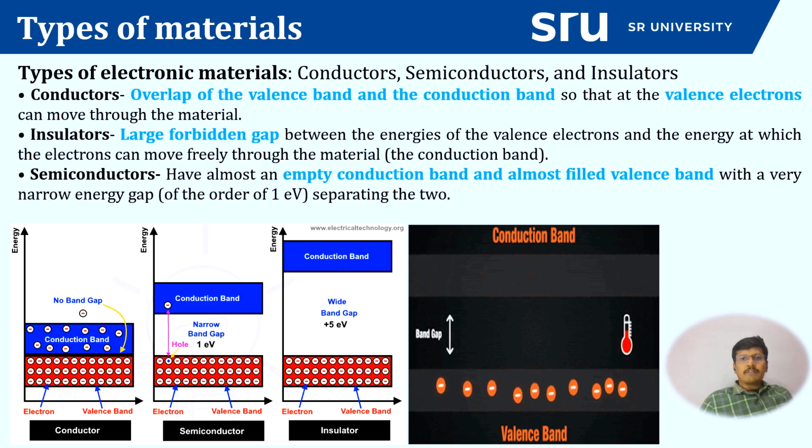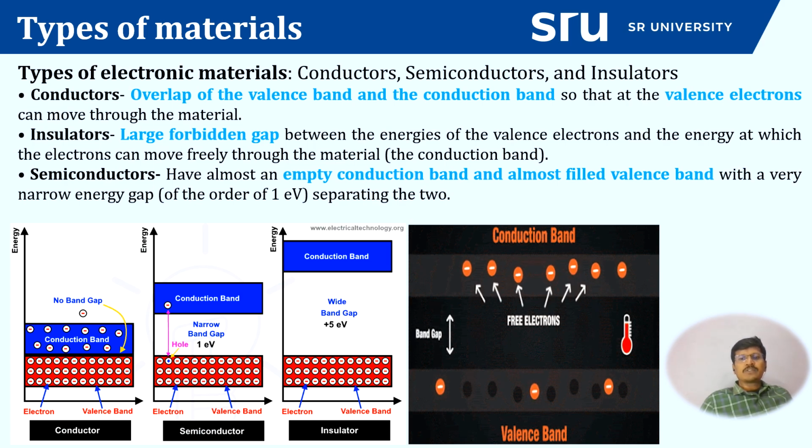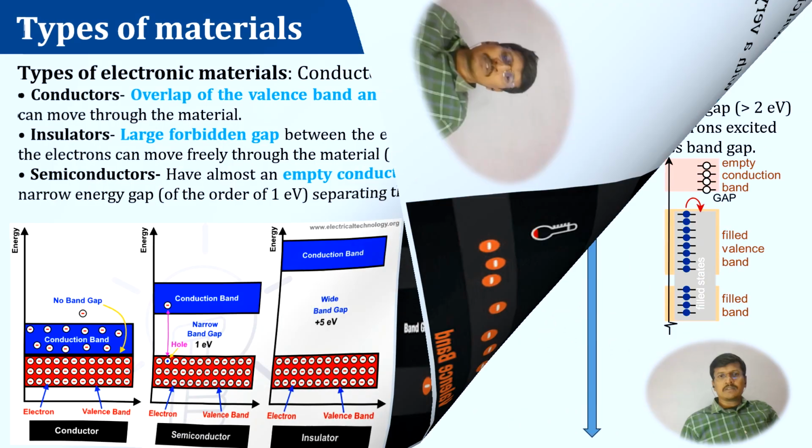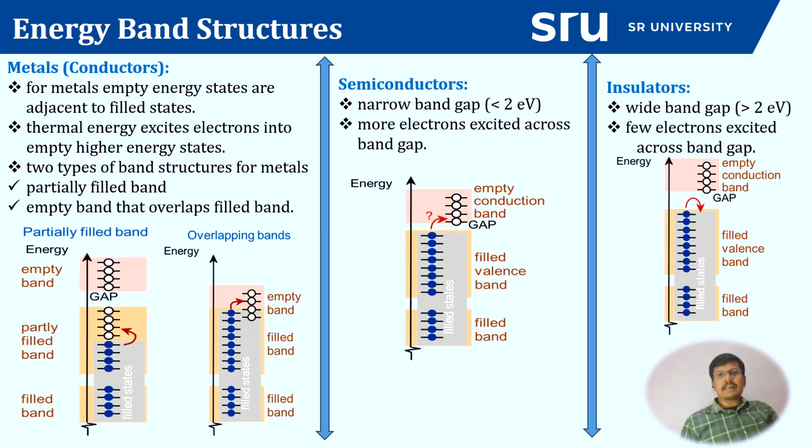In the next slide, we will discuss the concept of energy band diagrams. To understand why conductors, semiconductors and insulators behave differently, we need to understand the energy band theory. When atoms come together to form a solid, their individual energy levels combine to form energy bands.